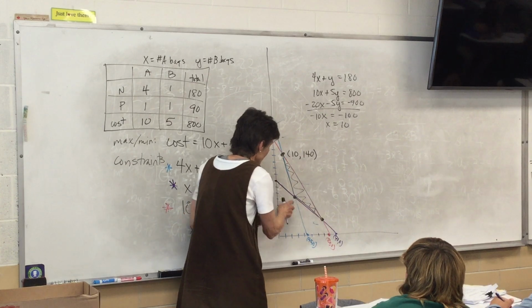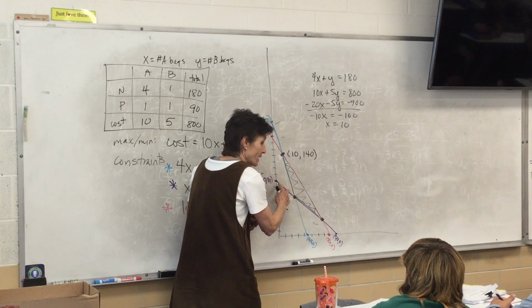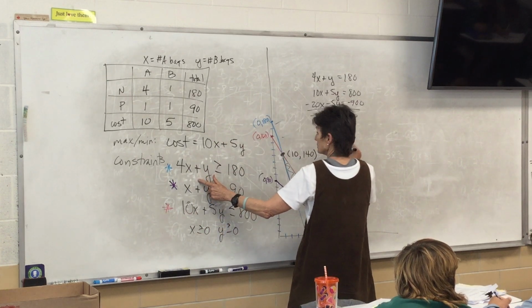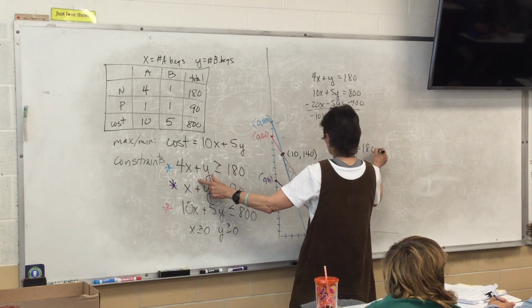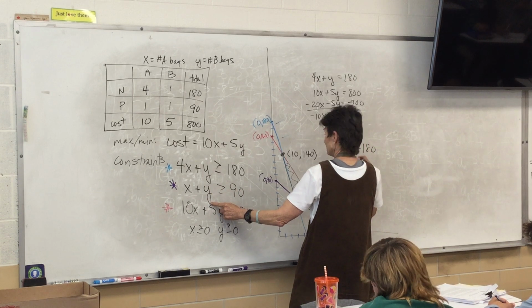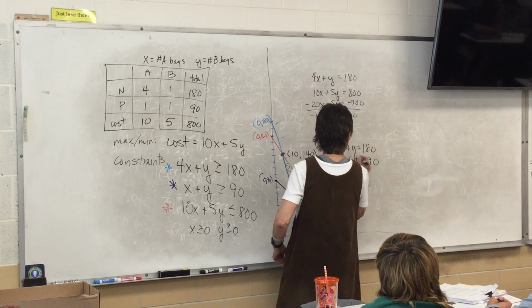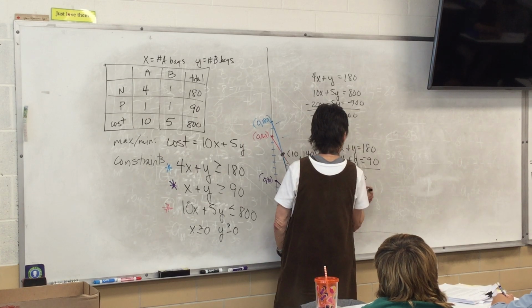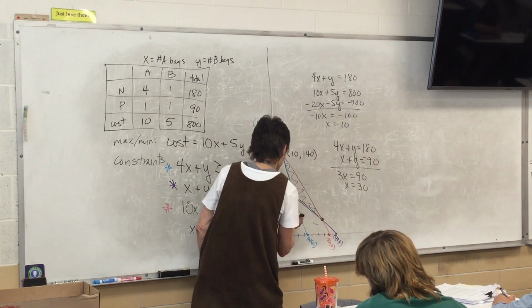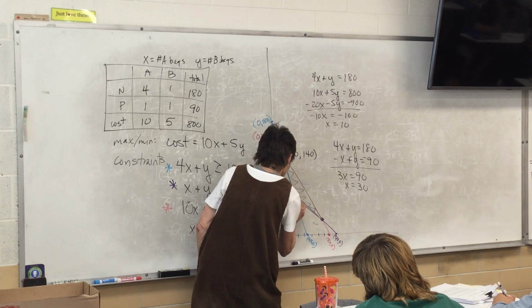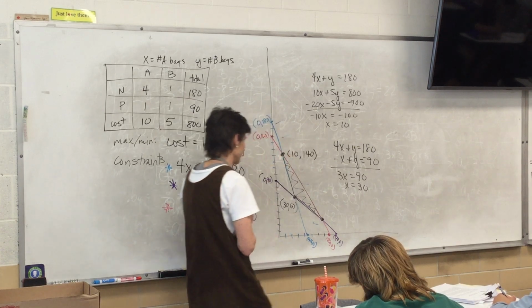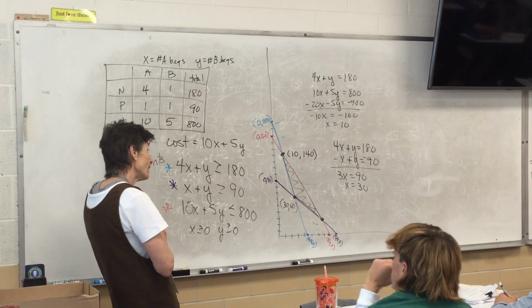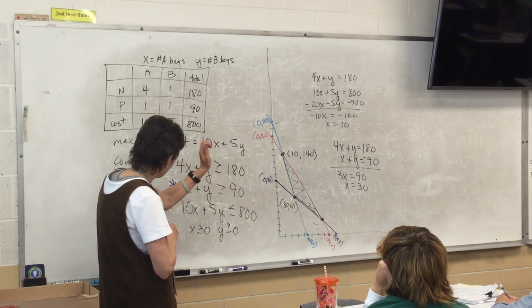Now, I don't care which one we do next. This one is blue and purple. This one's a little easier. I got 30 and 60 for this one. And then finally, purple and red.